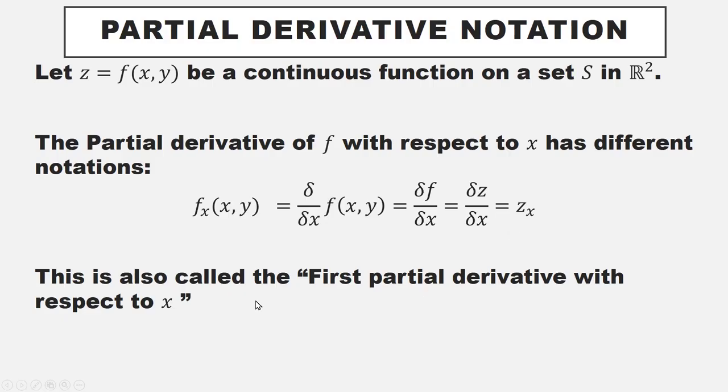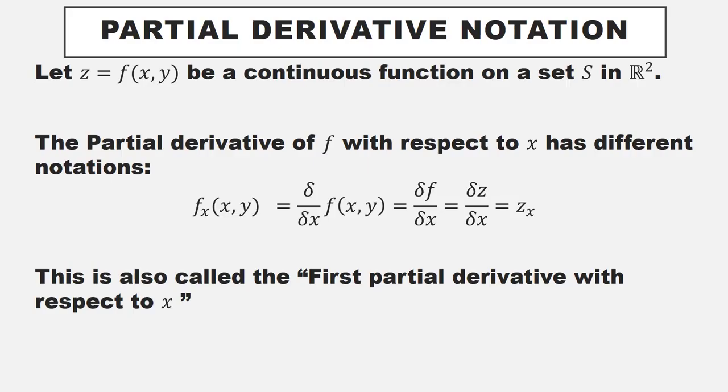So those are different notations, and all of these are called the partial derivative with respect to x, which is also known as the first partial derivative with respect to x. Basically, think first derivative.